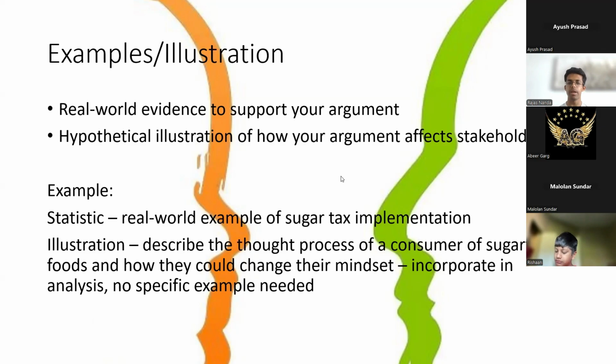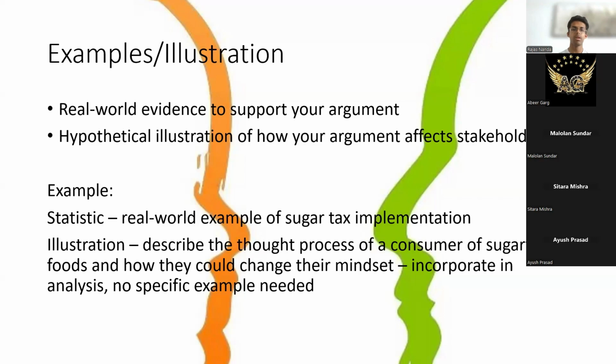What this might look like in the case of the sugar tax is just going through the thought process of a potential customer. So saying, put yourself in the shoes of someone who's tired, who's just come back from school and goes to the nearest convenience store and he really wants to get a sweet, but he doesn't look at the price because it's just habitual.